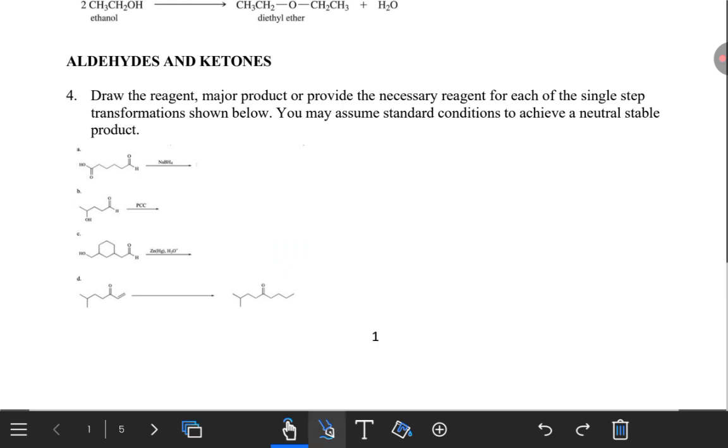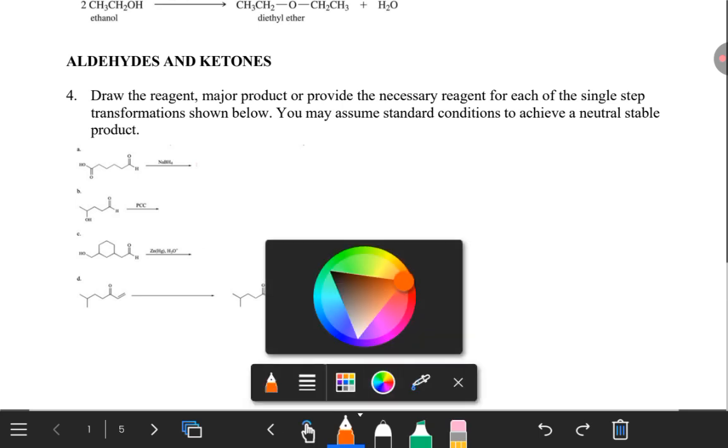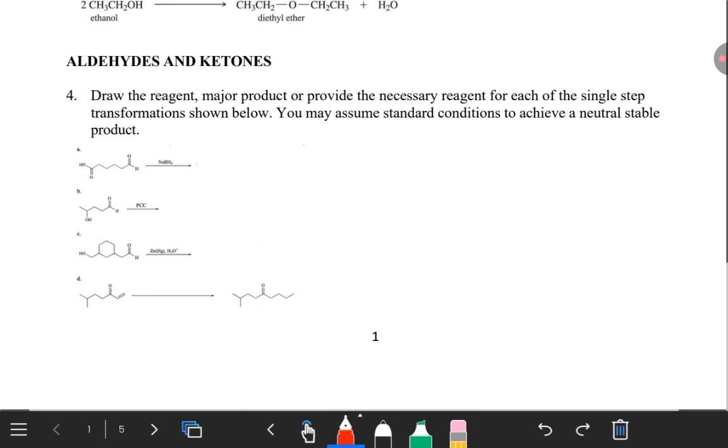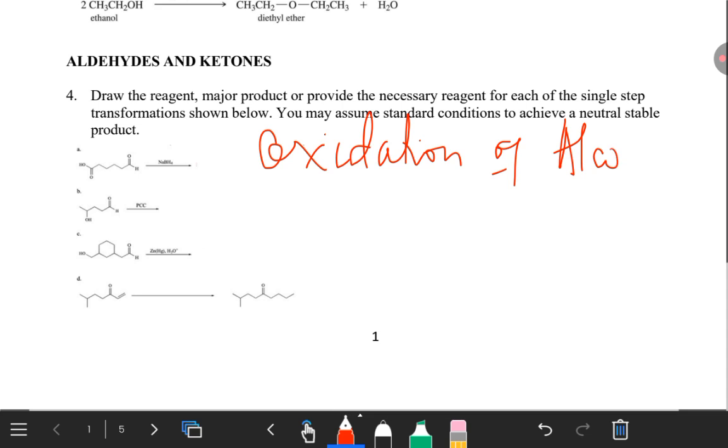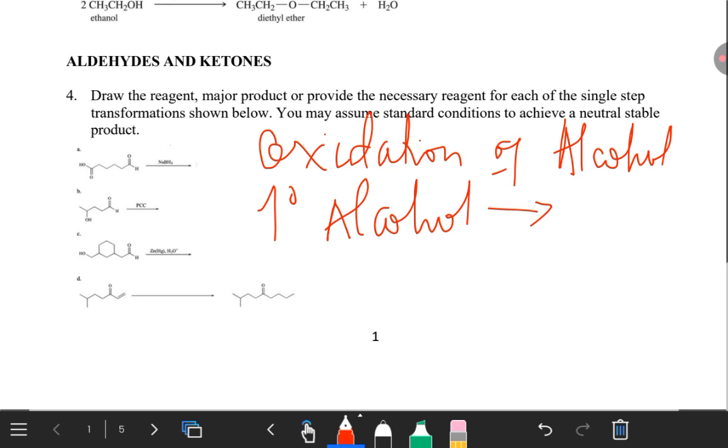Okay, let's understand this. So the first thing we must understand is about oxidation of alcohols. So one thing I want us to understand is that when you oxidize a primary alcohol, we are simply going to form an aldehyde.